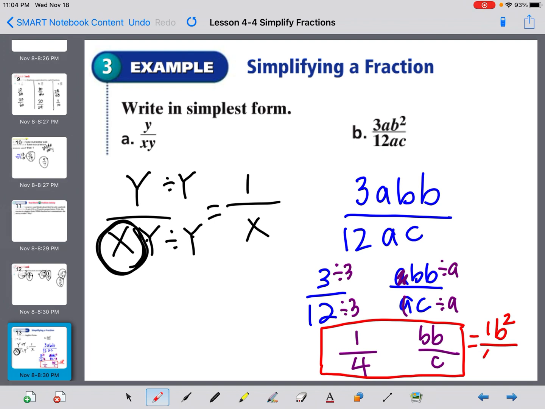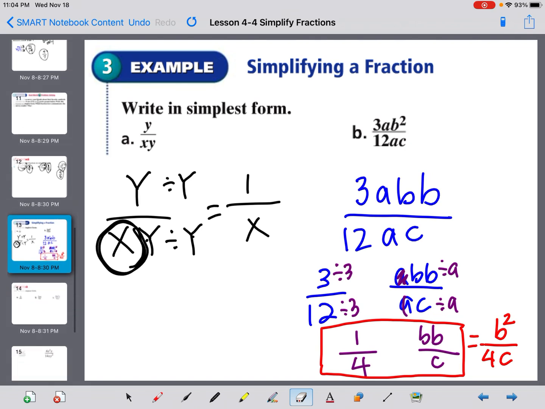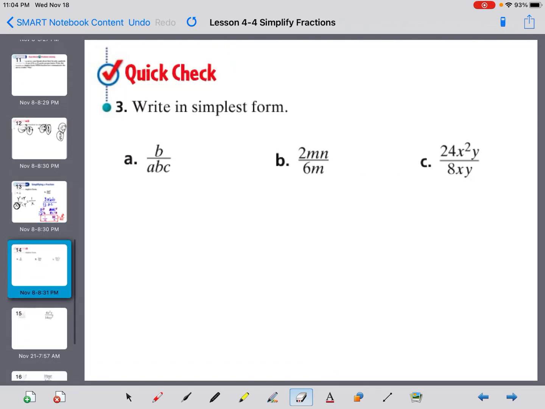Oh, b squared. Again, you can write the 1 in front of a variable, but you don't have to. It's okay to think, whoa, I haven't done this before, because you haven't done this before.